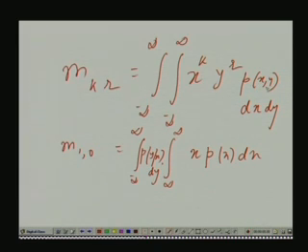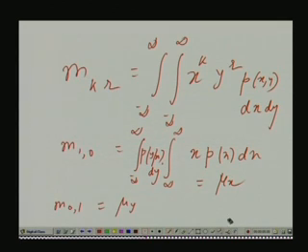So, this integral is 1 because conditional on any x, total probability of y taking values within minus infinity to infinity is equal to 1, and this is the mean value of x. So M10 is mu x. Similarly, M01 will be mu y. Mu y means the mean of y.